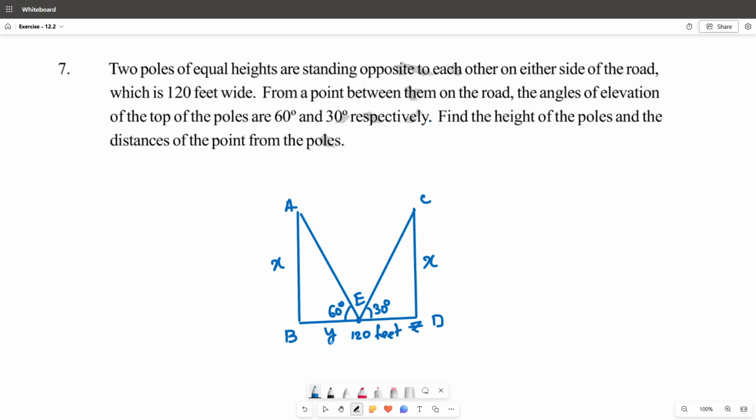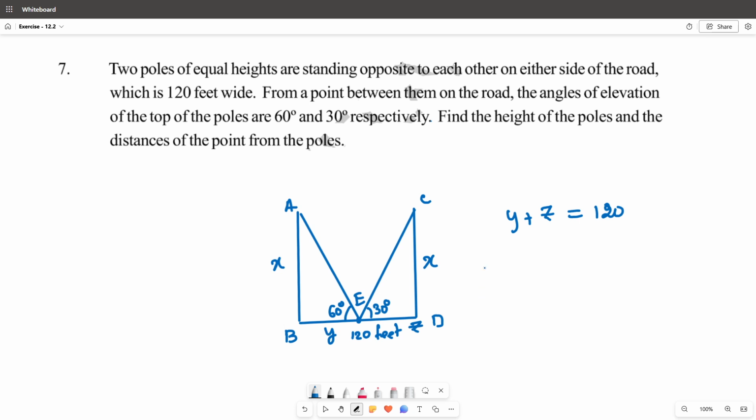If we observe down here, adding y and z will give 120, because they said the road is 120 feet wide. The distance from point E to the foot of pole A is y and the distance from point E to the second pole is z, so y plus z equals 120.